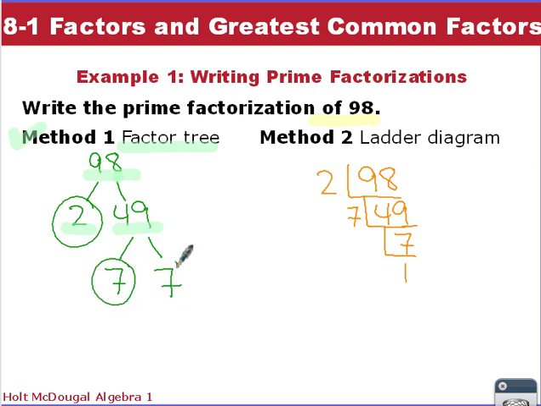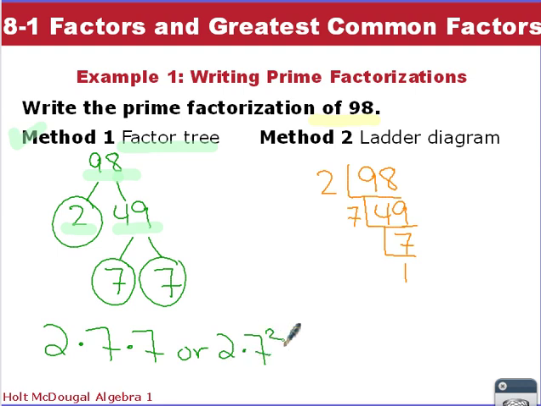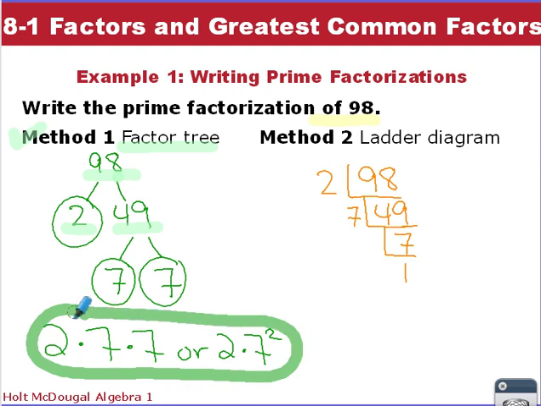And again, 7 is also a prime number. So we can write the prime factorization for 98 as 2 times 7 times 7, or 2 times 7 squared. So that was the prime factorization for 98 using the factor tree method. That's probably going to be the method most of you choose to use.